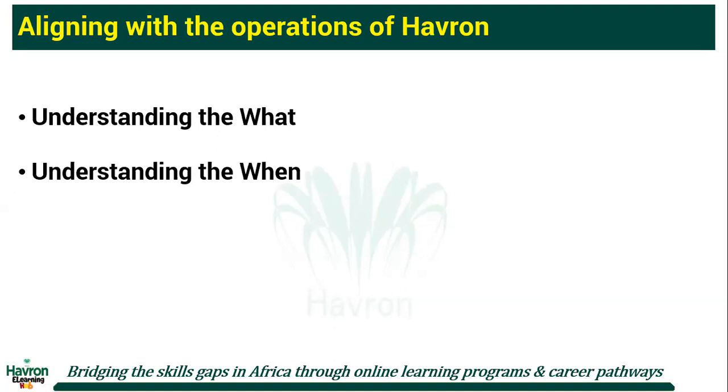We also need to understand the when. You will also know that there are some courses that come at certain times. We are building our calendar, and very shortly, once we are done, we will share that, which will guide you also when you are engaging with your members. We will also be sharing ahead of time some courses from other partners who periodically offer courses, especially like University of Washington.